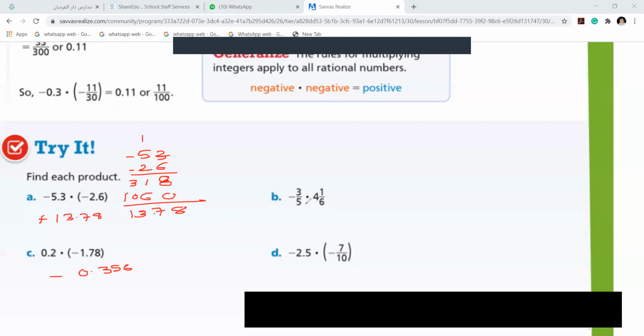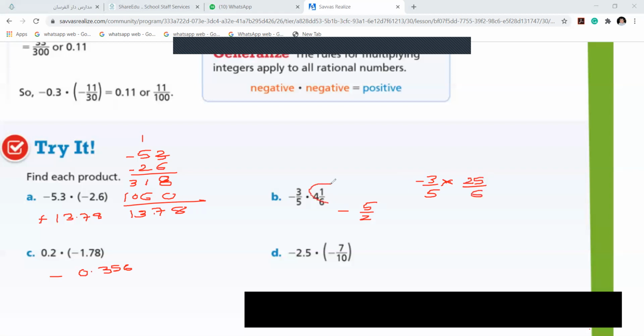Here, girls. See this one? Your answer will be minus 5 over 2. I'll tell you why. This is minus 3, 5. When I open this, 25 over 6. You know how I got this?